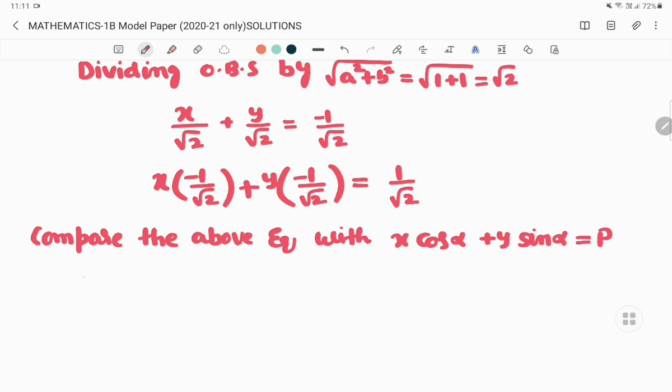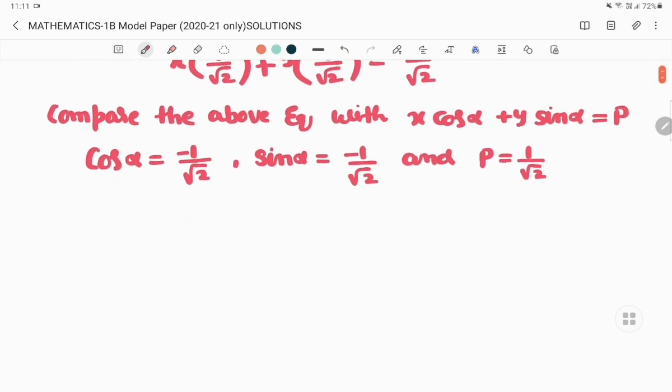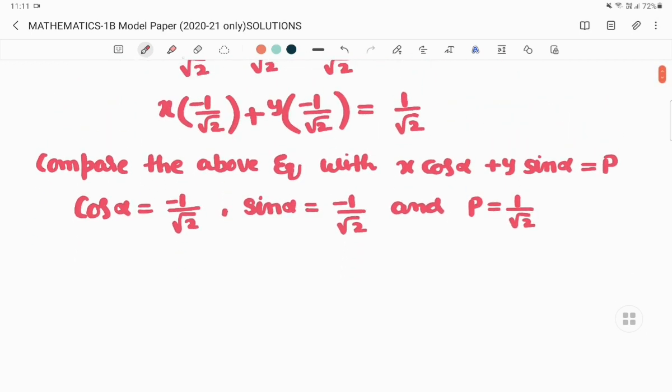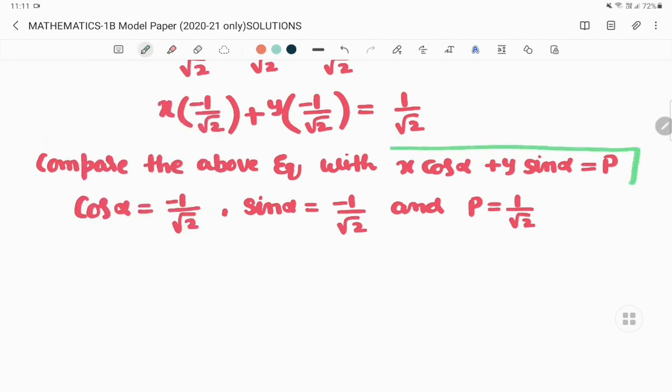So cos alpha is equal to minus 1 by root 2, sin alpha is equal to minus 1 by root 2, and p is equal to 1 by root 2. We need to write the given equation of the line in the form x cos alpha plus y sin alpha equal to p.